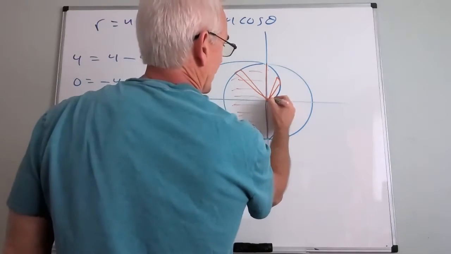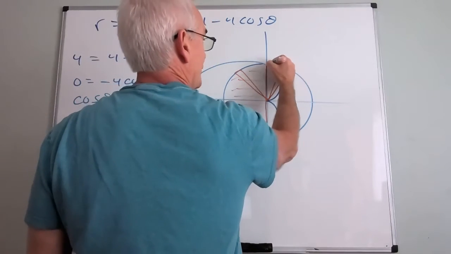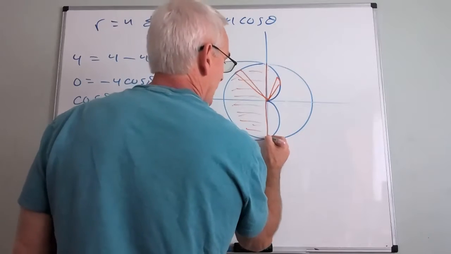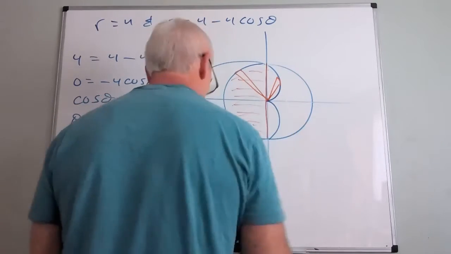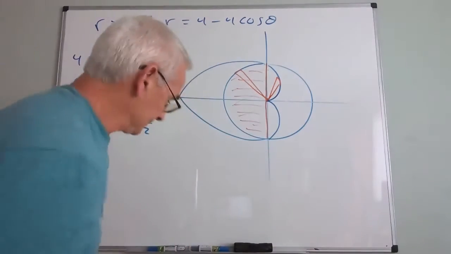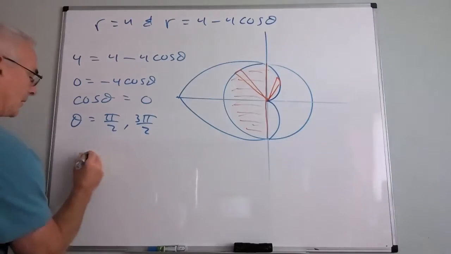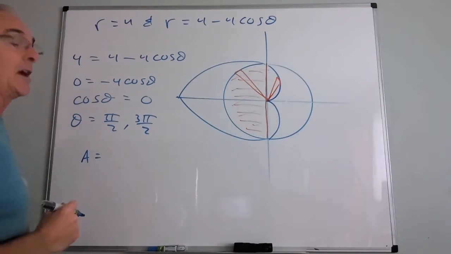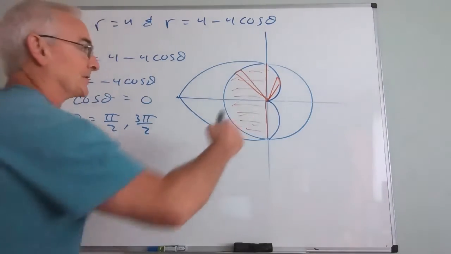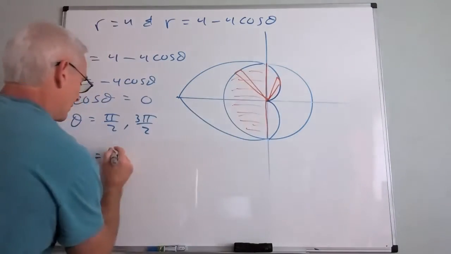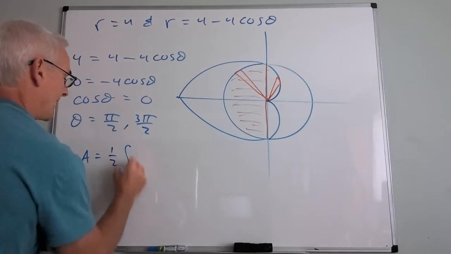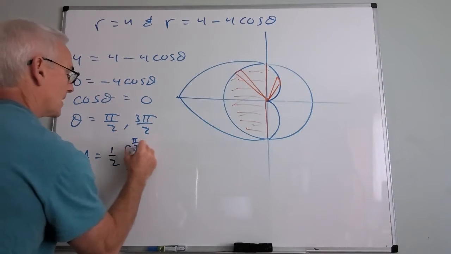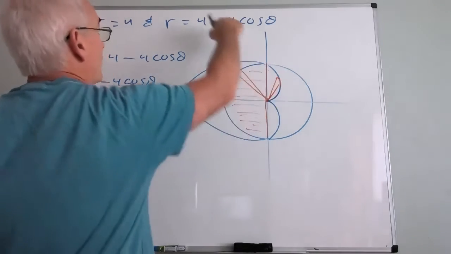Here, this is interesting though, because that's 0 to pi over 2. That's 3 pi over 2 to 2 pi. So technically, my overall area will be 3 integrations. The first bump here would be 1/2 r squared, but my r will be this guy.